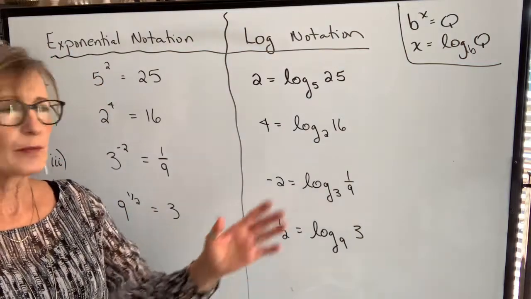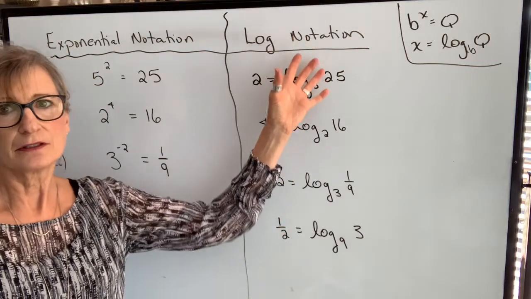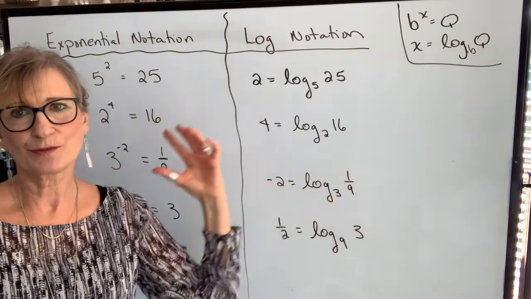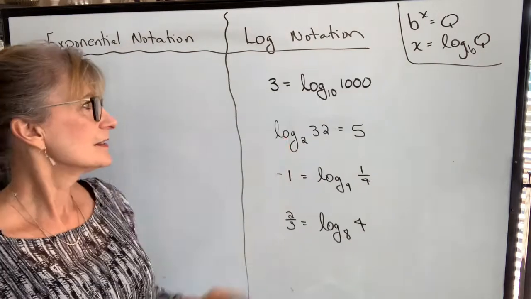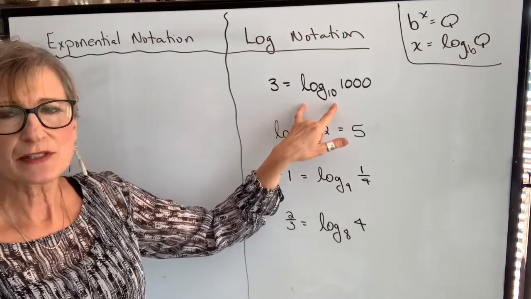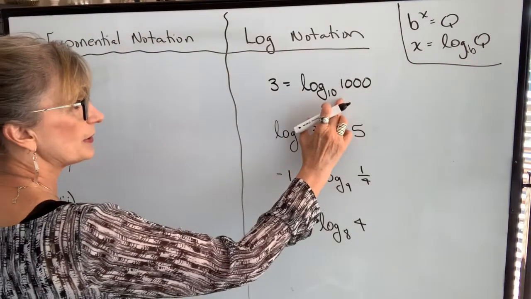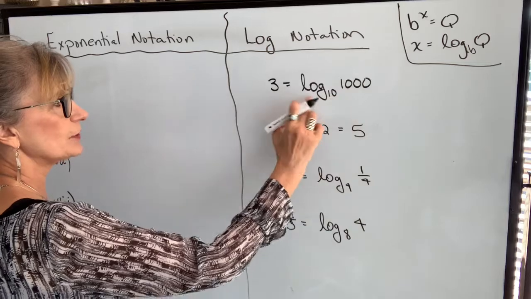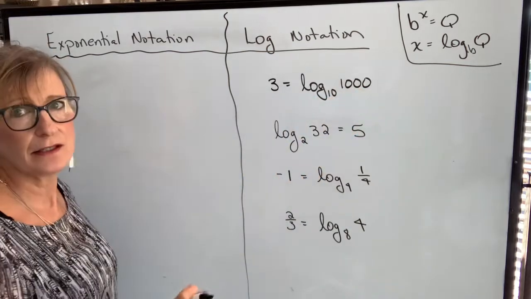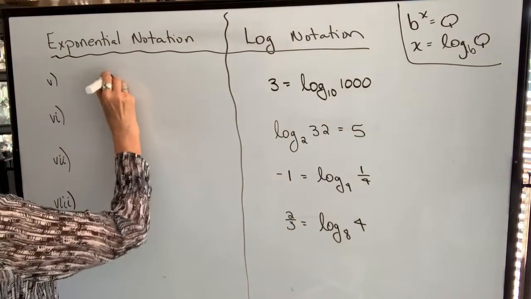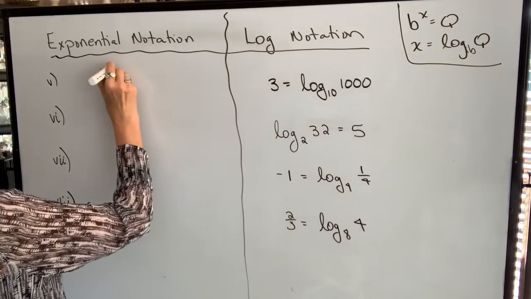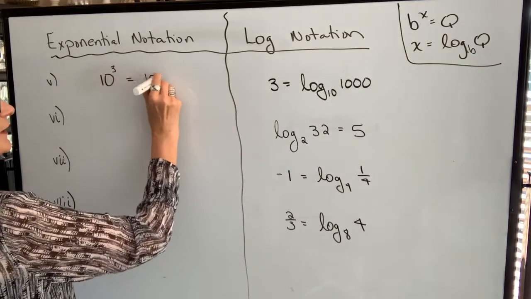Now let's do some examples where we have log notation and we want to express in exponential notation. So let's take these examples and express them in exponential notation. We start with our base. In our first example, we know that 3 equals the log of 1000 base 10. So 10 is the base, the exponent is 3, and the quantity is 1000.